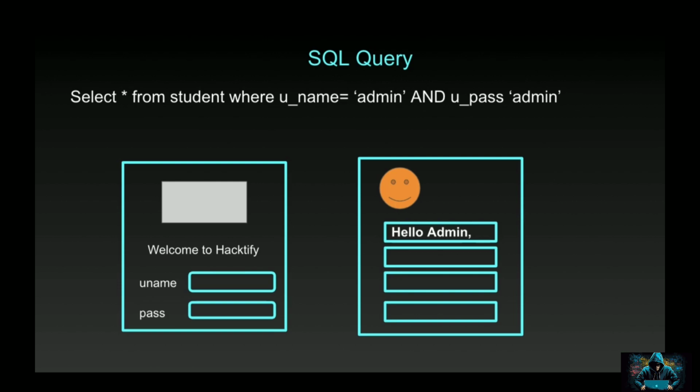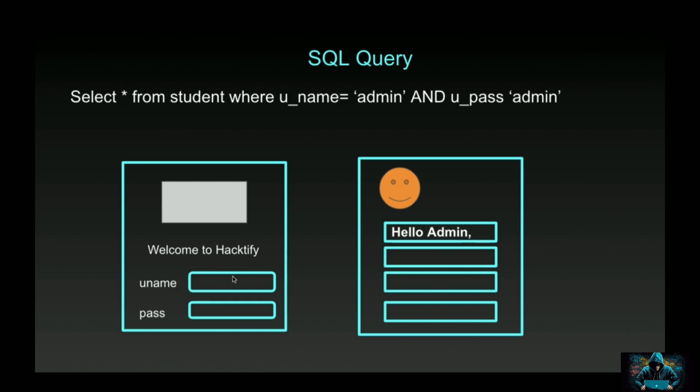As I said, both the details do exist in the database. Let's imagine this. Both username and password are correct, so the admin will be able to see the profile page which says hello admin, which belongs to a particular user. So this is how an application generally works.